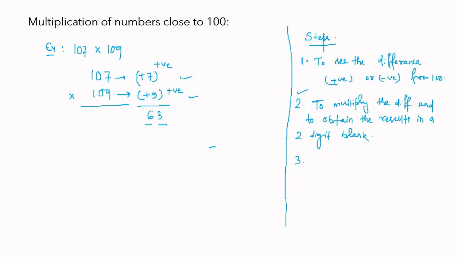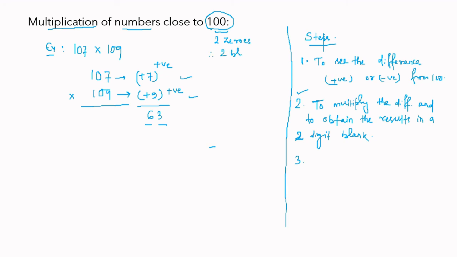Okay, if you guys get confused with how many blanks there should be, should there always be 2 blanks, should there always be 1 blank, then I'll tell you a shortcut. Do see what our chapter is. It's multiplication of numbers close to 100. How many zeros does the 100 have? It has 2 zeros. Hence the number of blanks that you need to put is 2 blanks.